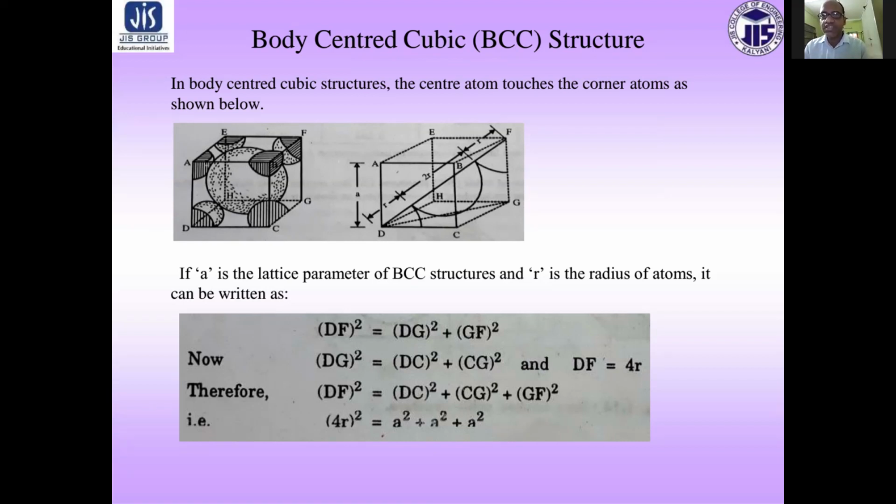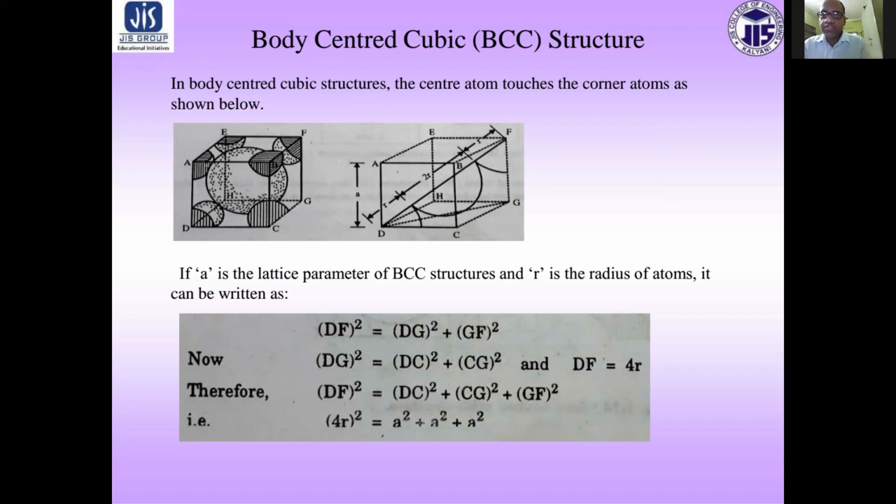GF is nothing but A. Again, from the geometry, dG square is dC square plus CG square. And here dF is equal to 4R, as we can see from the figure.